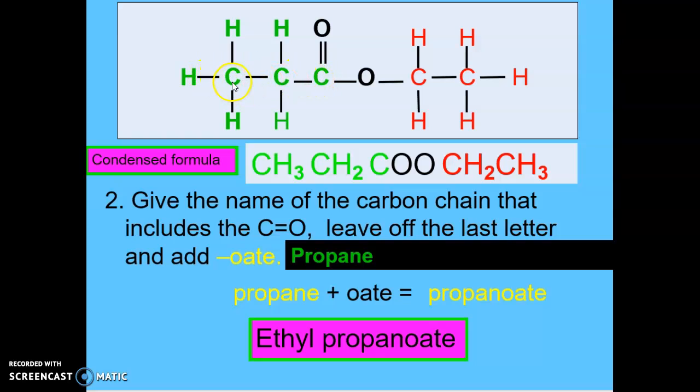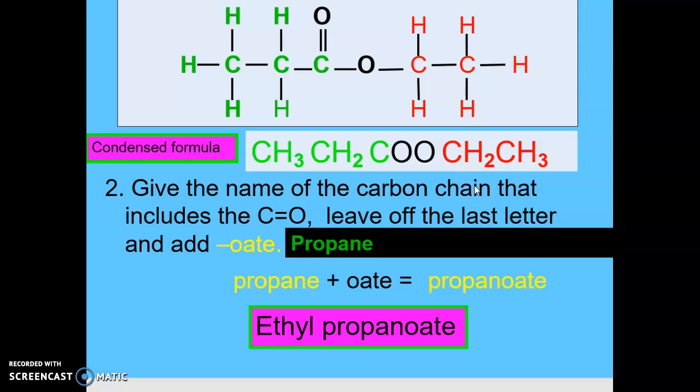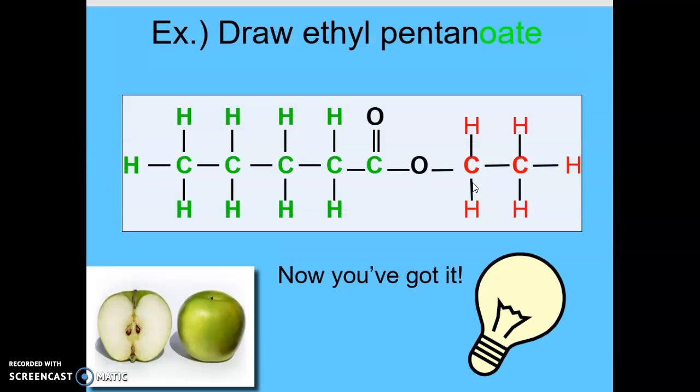We change the -oic by -ate, propanoate. Here we have the ethyl 1, 2, 3, 4, 5, pentanoate.